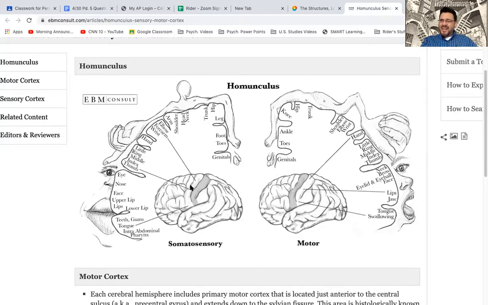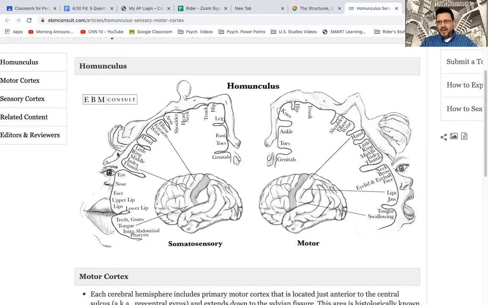That means that in the sensory cortex, there's a relatively large area dedicated to neurons waiting for information from the lips and the tongue. Similarly with the hands and the fingers. Relatively, there's a ton of surface area in the sensory cortex that's dedicated to neurons waiting to get information from the hands and the fingertips.